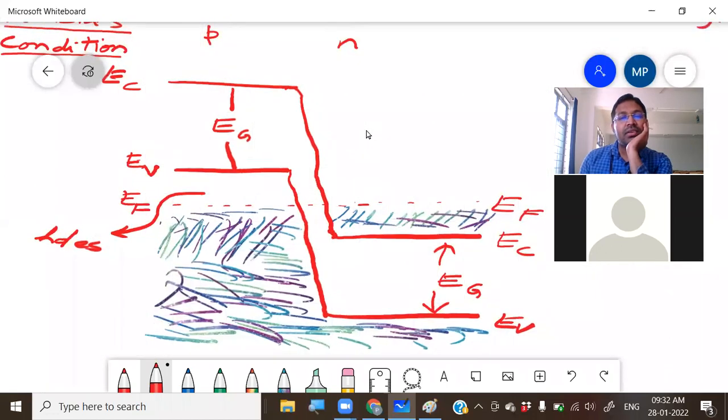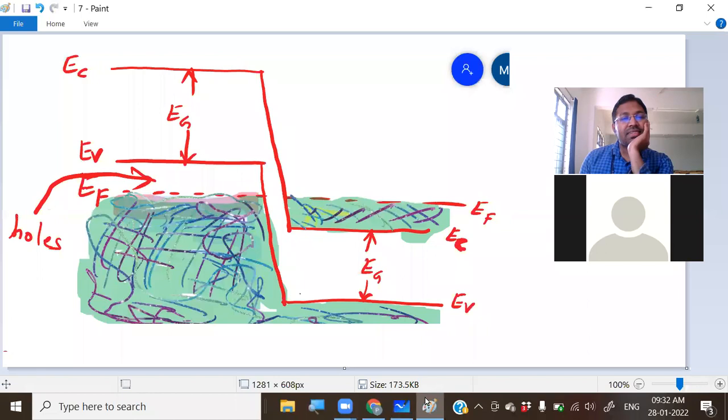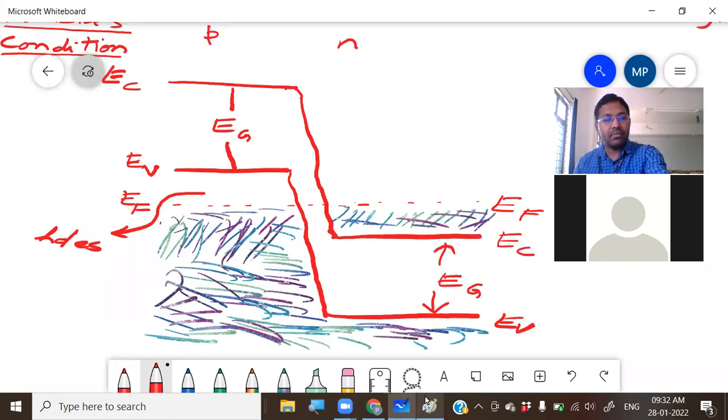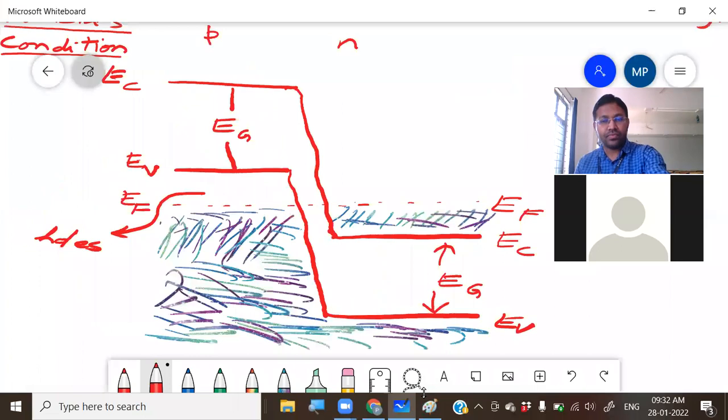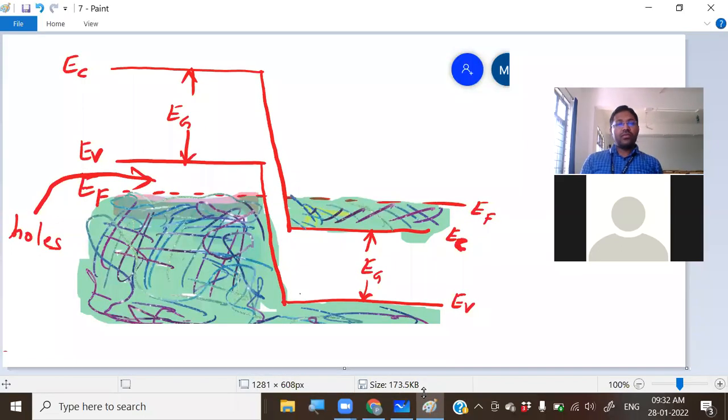To make it easy for you, I have drawn this once again, somewhat neatly. Same diagram.